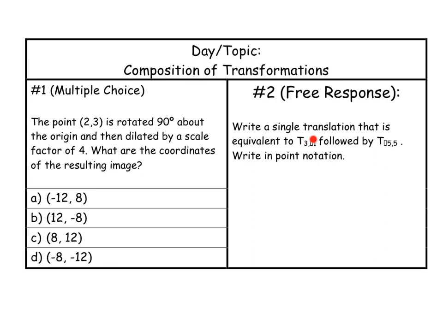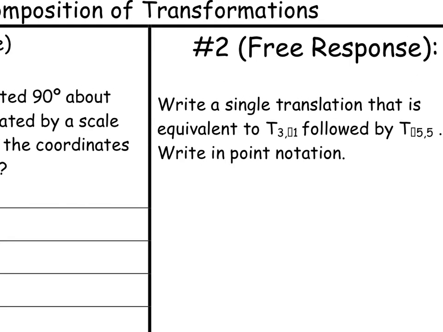Number 2, write a single translation that is equivalent to, and hopefully these show up on your paper, T(3, -1) and T(-5, 4).